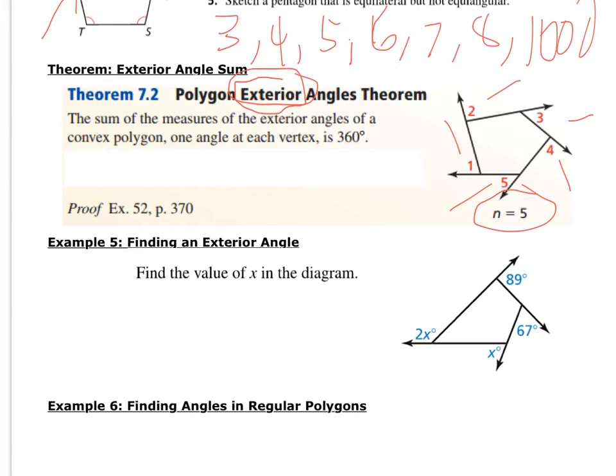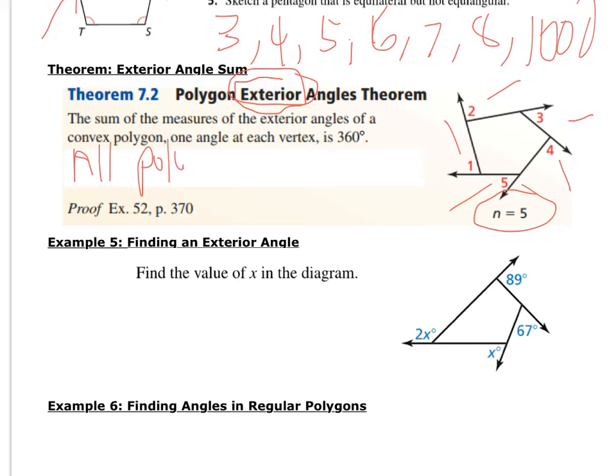It doesn't matter how many degrees there are or how many sides this object has. What's going on is you're going around a circle in essence on the outside. So any polygon, triangle, square, kite, pentagon, hexagon, etc., the exterior angles will always add up to 360.